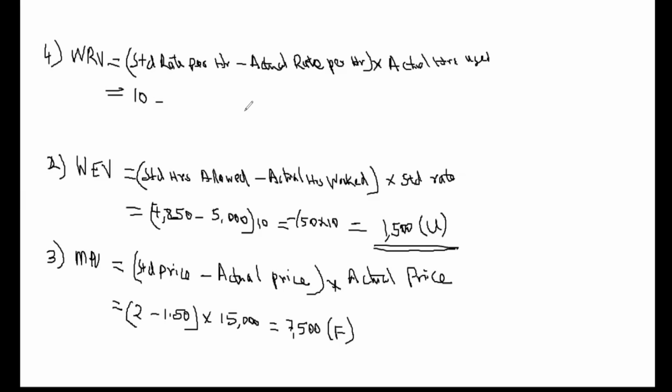We know the actual hours worked is 5,000, and we also know the actual wages paid. So we can always determine the rate, by taking the actual wages paid, which is 55,000, divided by the actual hours worked, which is 5,000.